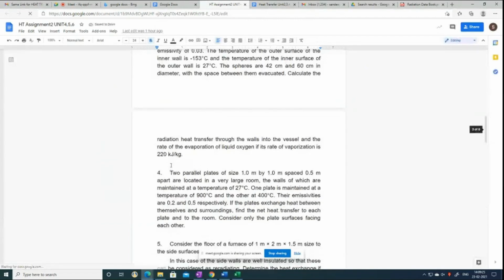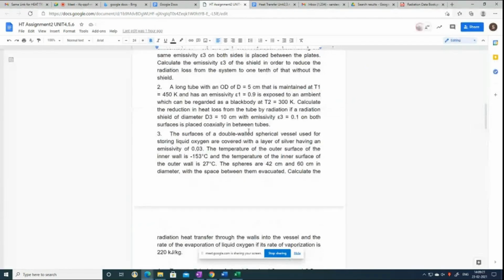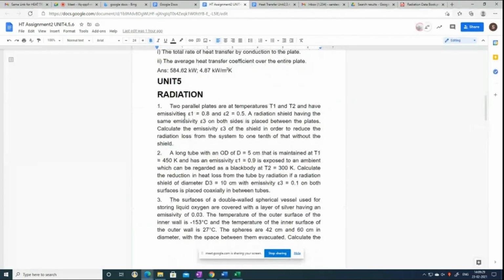Yeah, here you can see these questions. This is a parallel plates question like we have solved in the morning. Okay, that kind of question. And here, this question is a cylinder question. It's a long tube question. You solve it for yourself, you will understand.